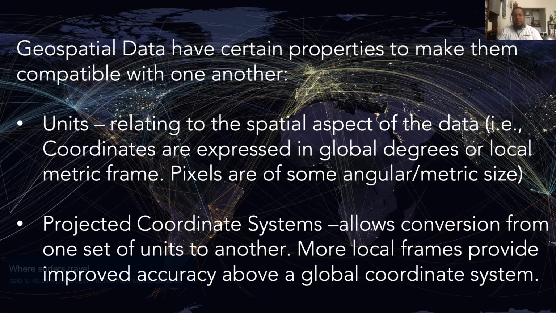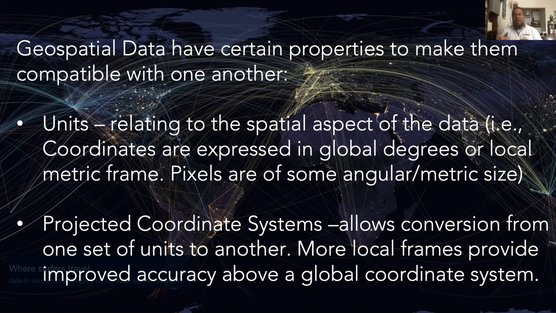And in terms of a raster, that would be the same way, but the pixels are of some angular metrics or size as well. And those can be converted between angular and metric sizes so long as the data contains within the metadata a projected coordinate system. So allows conversion from one set of units to another.